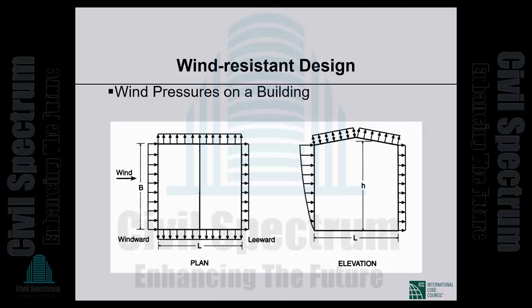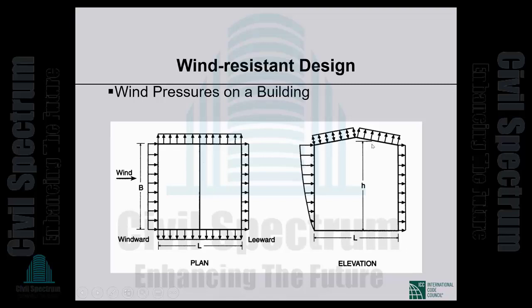Now, wind velocity increases with height above ground level. So wind pressure also increases with height above ground level. That fact is considered in design only on the windward face of the building. On the leeward face, we take a constant suction that is evaluated at the mean roof height level.